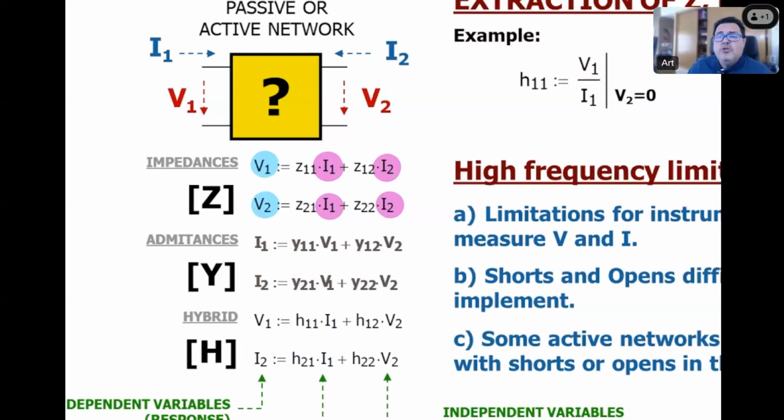So we are able to find some kind of relation between voltages and currents with several numbers. You can see here Z11, Z12, Z21, and Z22, which are in units of ohms. That is because these parameters are called the Z parameters, or the matrix is called the Z matrix for this analysis.